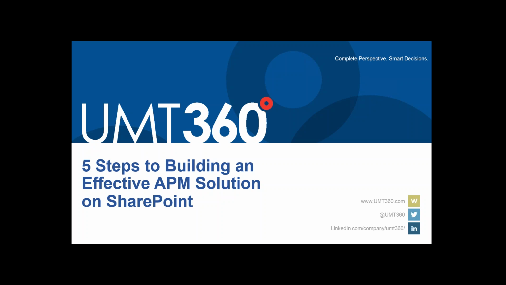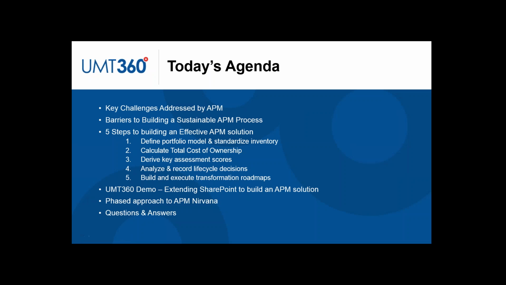So let's take a look at what the agenda looks like for today. It's kind of like a webcast in 2 parts. We're going to start with a little bit of theory, look at what are the key challenges addressed by application portfolio management, look at a couple of the barriers ultimately to building a continuous, sustainable application portfolio management process within your organization, and then break down the 5 key steps to building an effective application portfolio management solution.